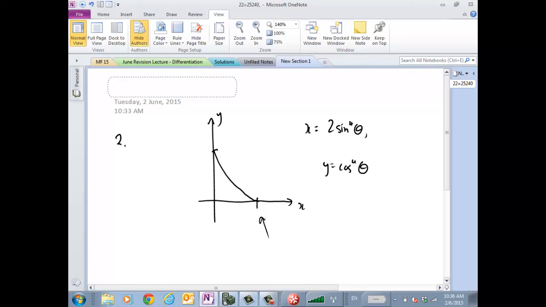So anyone knows how to find the x-intercept? So simple, go back to basics. X-intercept means y equals 0. So this is how we do it. Y equals 0 leads to theta being what? This is basic trigo.